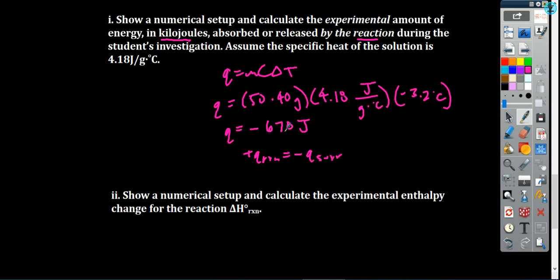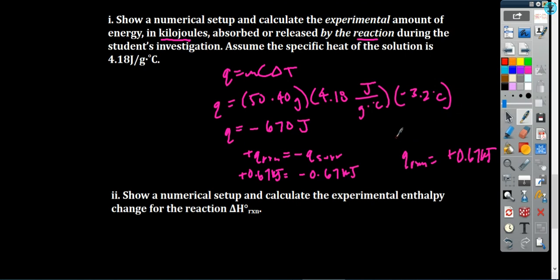Right now, we've solved for the heat lost by the surroundings, and in kilojoules, it's going to be negative 0.67 kilojoules, or for the reaction, positive 0.67 kilojoules, right?